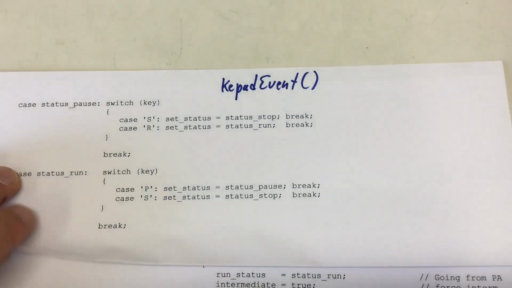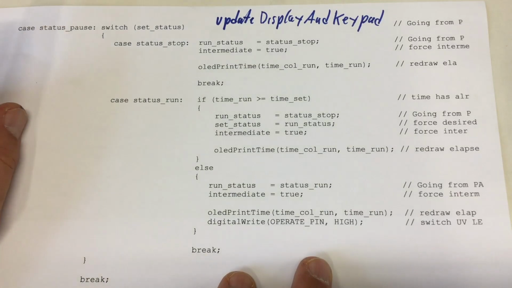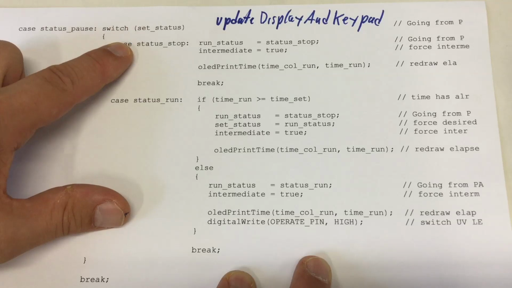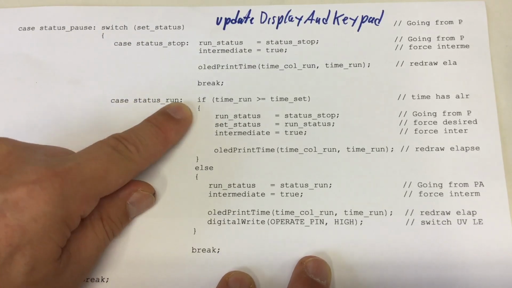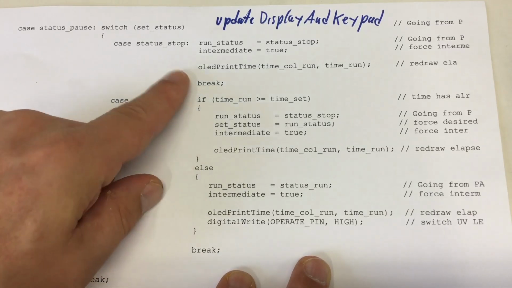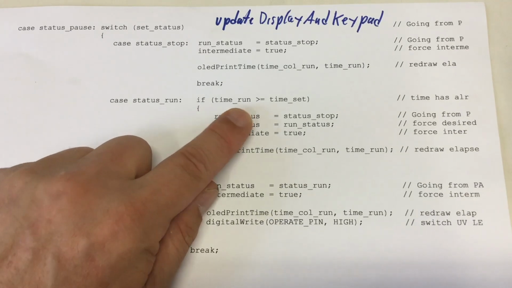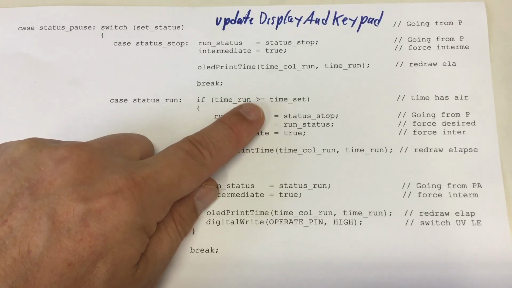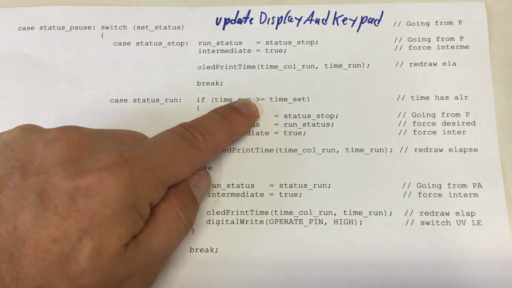And accordingly, in our update routine, I'm here in the uppercase statement handling state changes. We were in the pause state and now we want to go to the run state again. And yeah, there is some exception handling here, because if our runtime is already our set time, so we reach the end of our exposure, we might have hit the pause button just at the right moment.